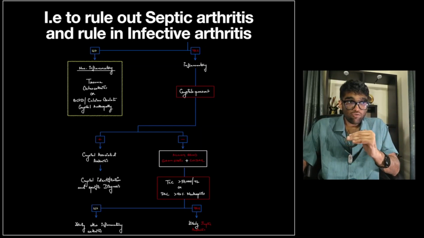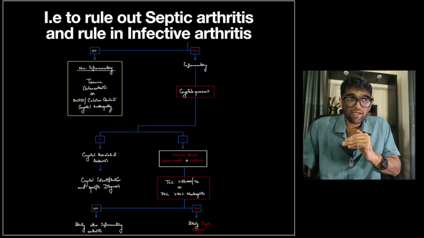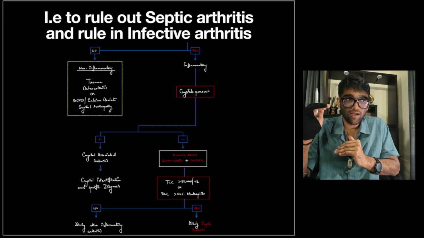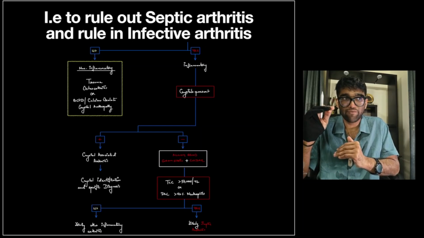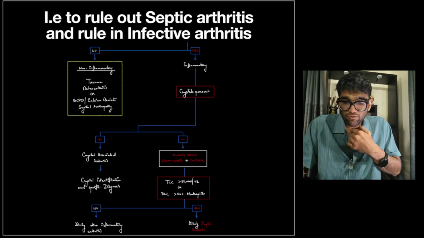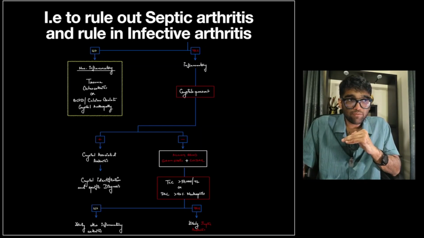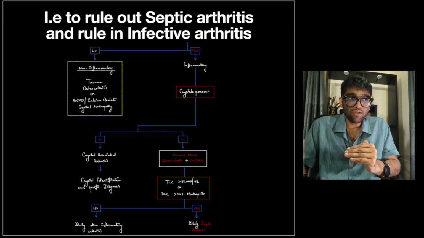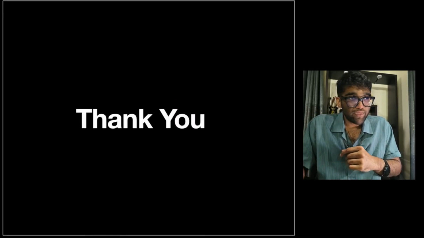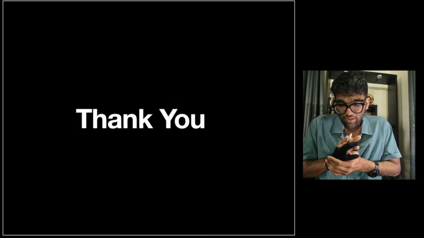So the lower cutoff for calling something inflammatory is 2000, but above 50,000 we are strongly suspecting septic arthritis. Even if we don't find anything on Gram stain, we call it septic arthritis. Similarly, the low cutoff for calling something inflammatory is 75%, but above 90% is almost definitely septic arthritis. So that brings us to the end of the discussion.